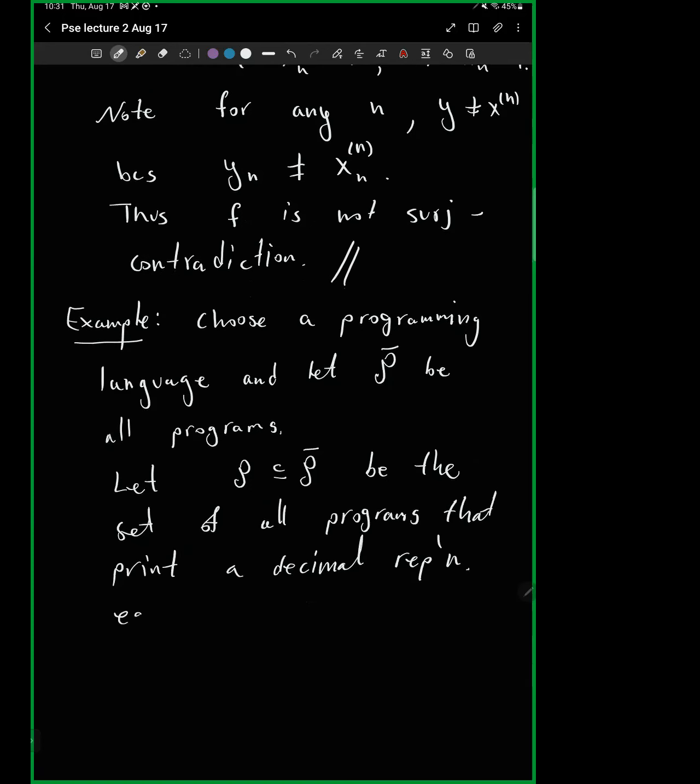For example, you can have a program that prints 0 point, and then it prints in a loop, let's say while true, print 3.